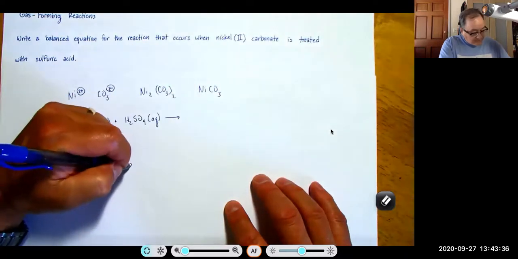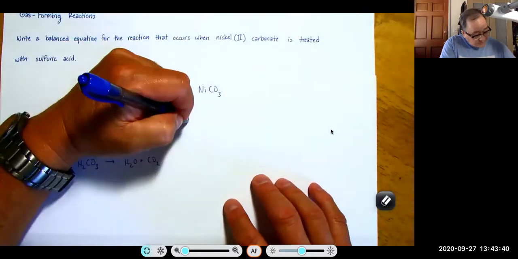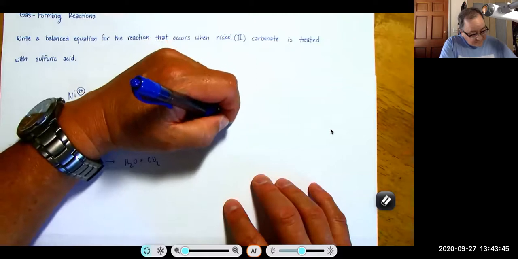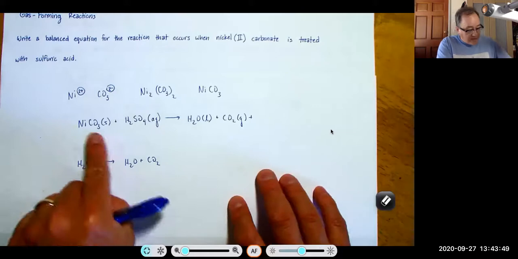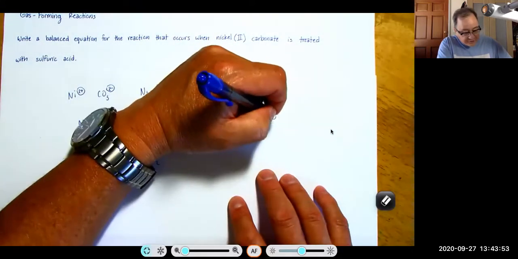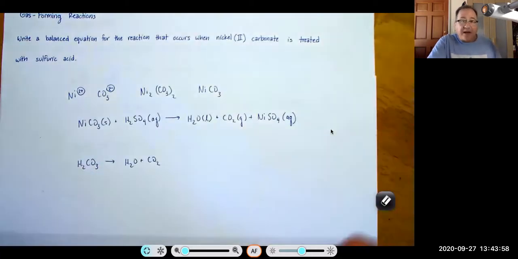What do we write? We write H2O and CO2. Now, what's left over? One nickel ion and one sulfate ion. And since sulfates are soluble, this is aqueous. And this is your balanced reaction.